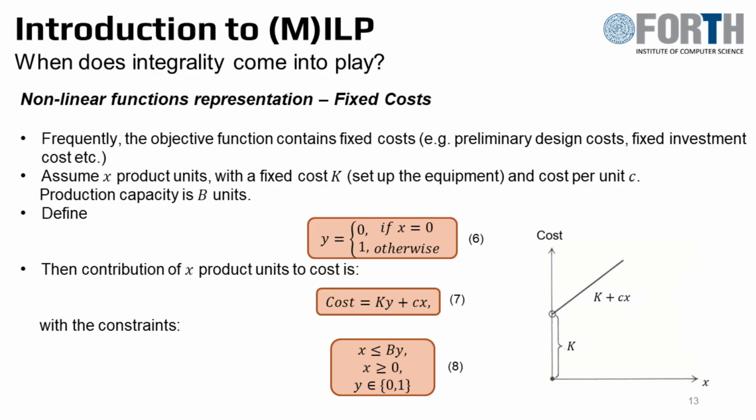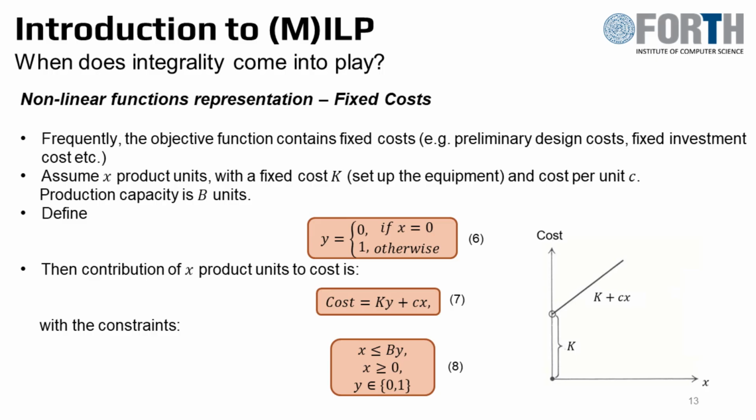We introduce a binary variable y that equals 0 when no units are produced and 1 otherwise, as defined in equation 6. Then, the contribution of x product units to cost is defined in equation 7 and the constraints in equation 8. These constraints imply that x equals 0 when the fixed cost is not incurred, that is when y equals 0.